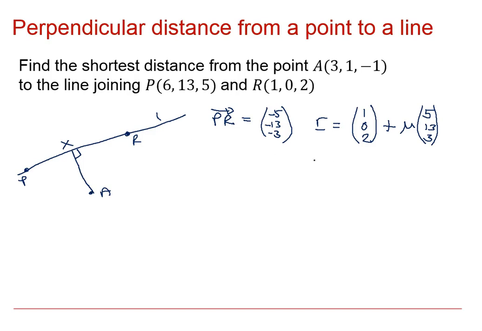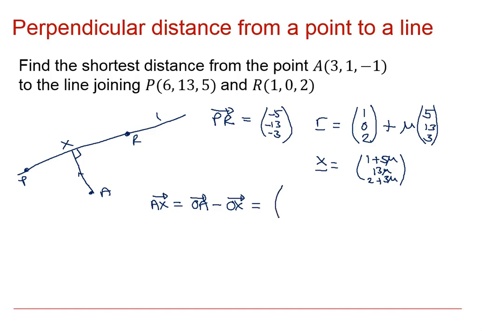So now what we're going to do is write this point X as a particular point on this line. So it's going to have value (1 + 5mu, 13mu, 2 + 3mu). Now what we're going to look at is this vector here, the vector from A to X. So the vector from A to X is going to be the vector from O to A, subtract the vector from O to X, which is what we found here.